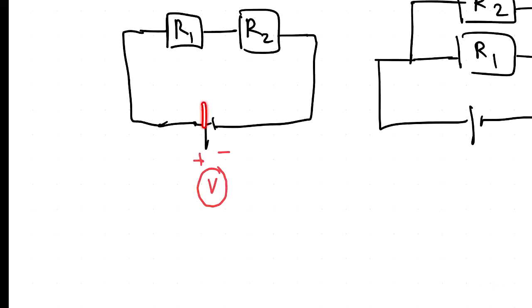So try to grab this idea: there's a potential difference, because this end is positively charged and this is negatively charged. So that potential difference is V, which means the difference between these two plates is V.